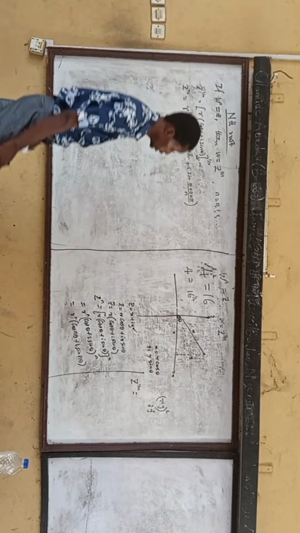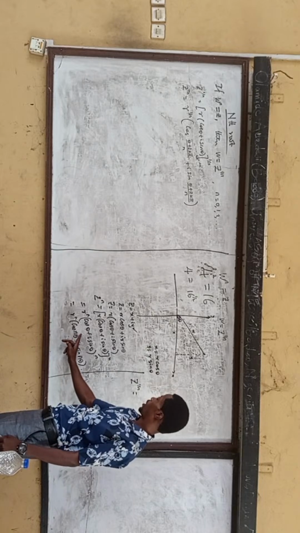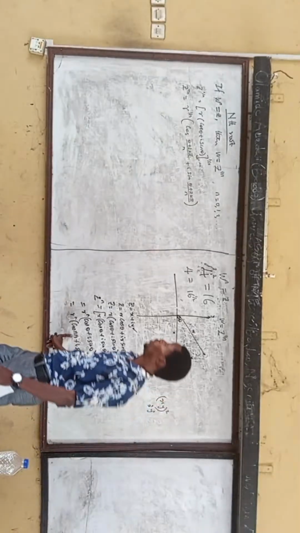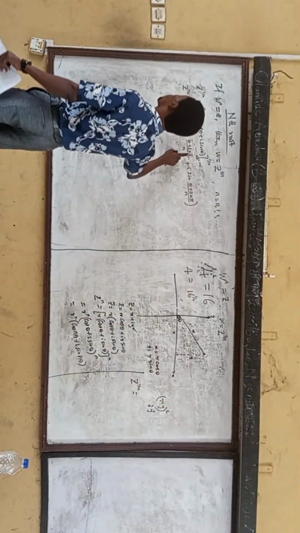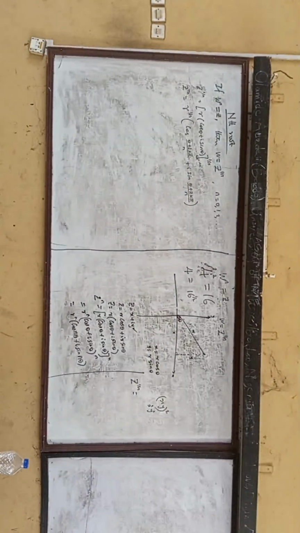So you expect that, as we did for here, that we should also have cos theta over n, isn't it? It will just be cos theta over n, but we can have more.